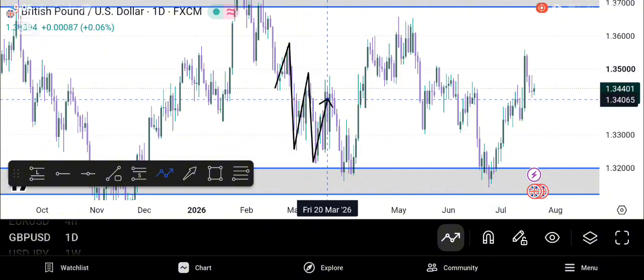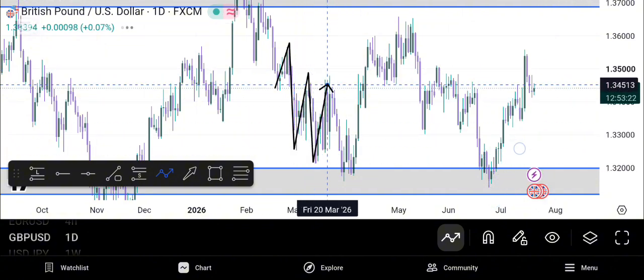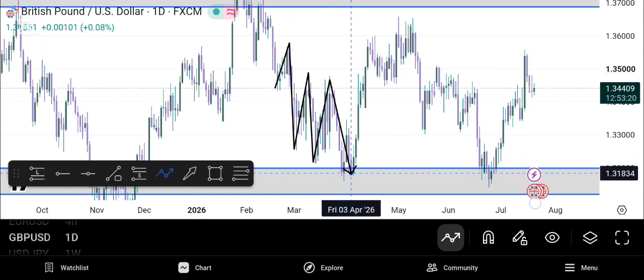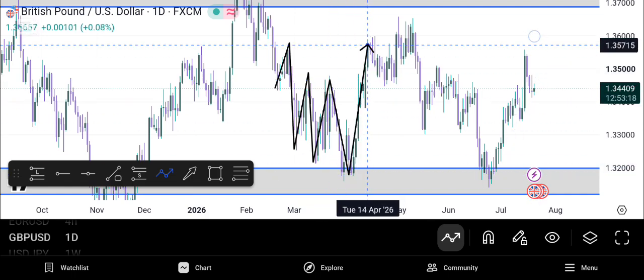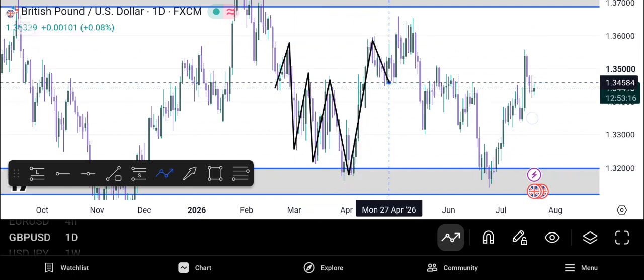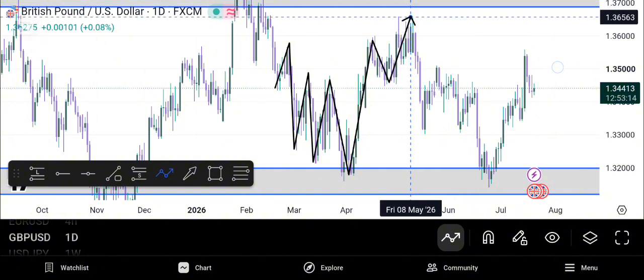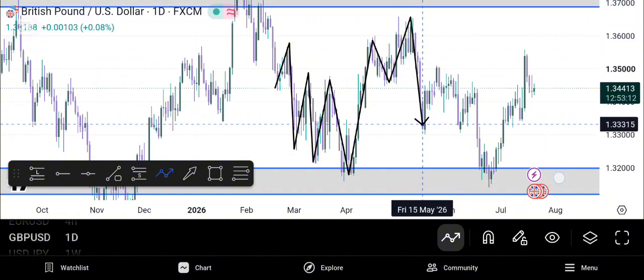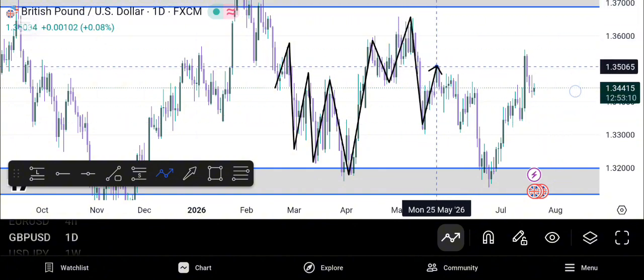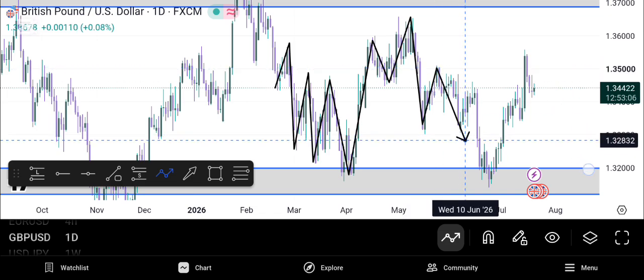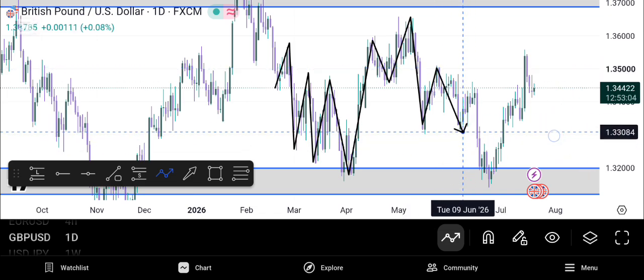When price tapped into that level, it broke above, and then price has given us a change of character. Price came back to a support level here and sold back to the downside.